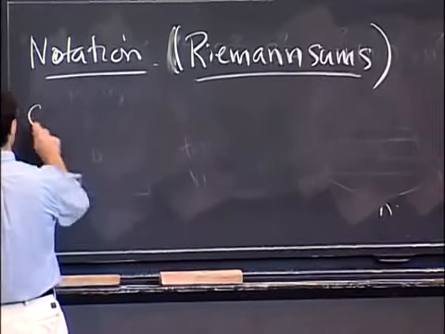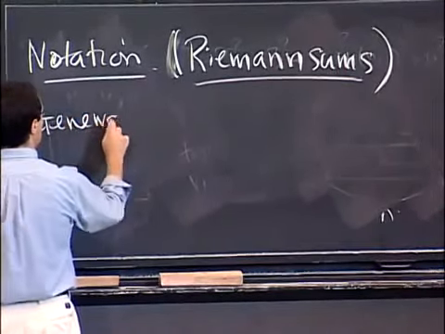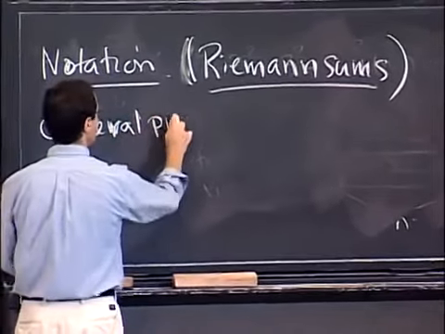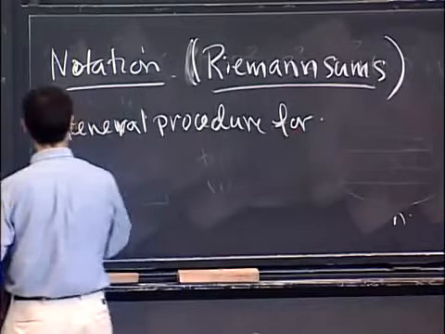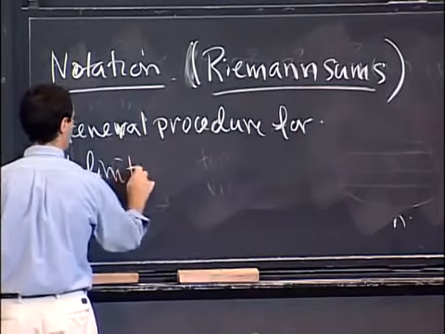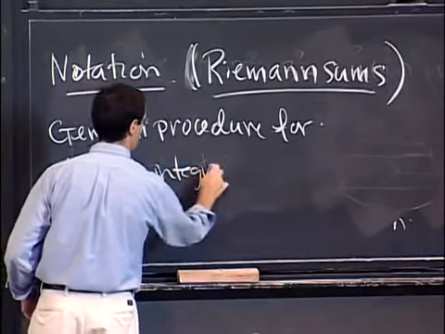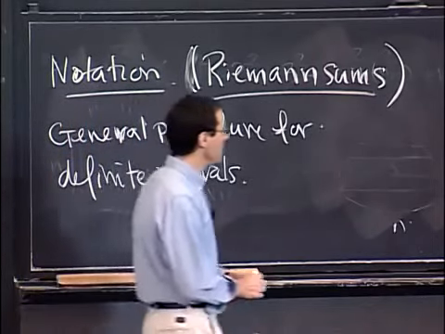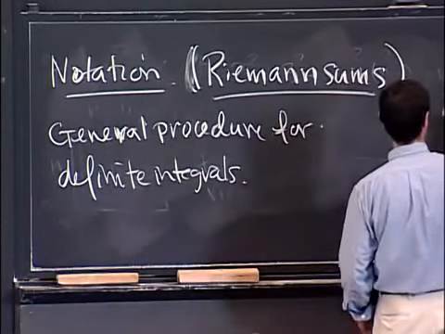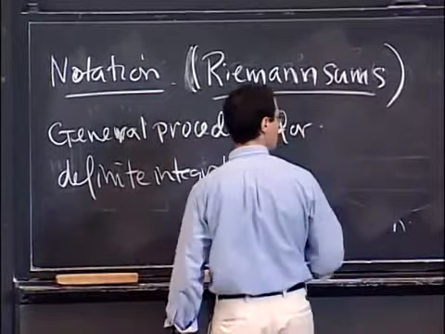So this is the general procedure for definite integrals. We divide it up into pieces. And how do we do that?